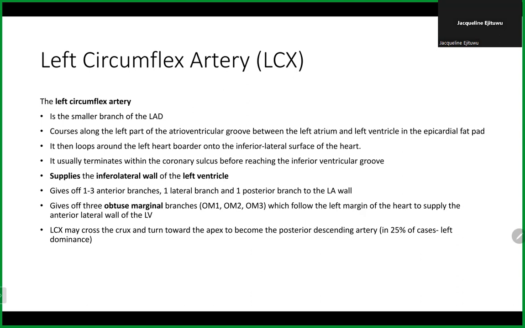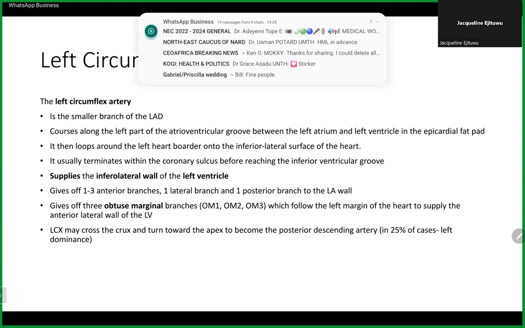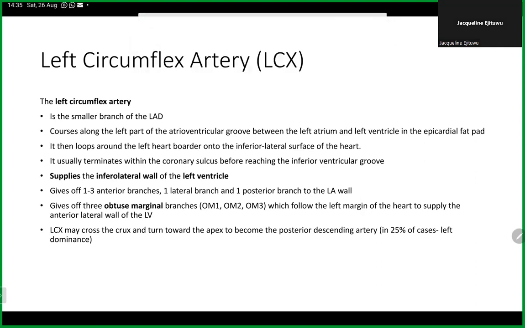It also gives off some branches. We have anterior branches, lateral branches, and the posterior branches to the left atrial wall. So the anterior branches are usually 3 in number. It also gives off 3 obtuse marginal branches, which are also designated as obtuse marginal 1, 2, and 3.